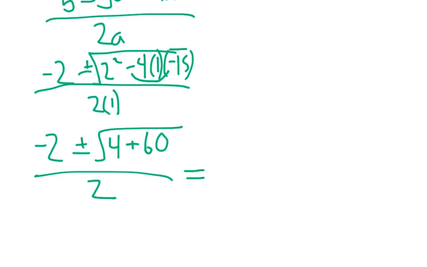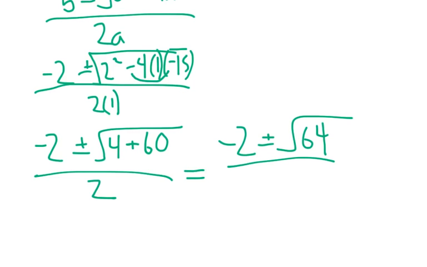Continue to simplify. Negative 2 plus or minus the square root of 64. Hopefully, this is what we'll end up getting, is that 64 is a perfect square. And so I can continue to simplify to get negative 2 plus or minus 8 over 2.